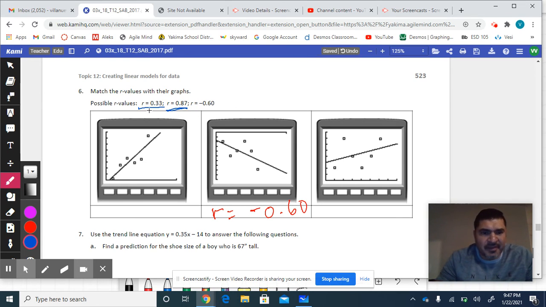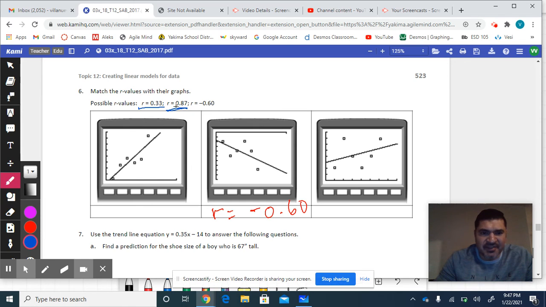Okay, so how I think about this is like 33%. So this one's 33% accurate. This one's 87% accurate. Looking at these two, which line would be more accurate? The 87. So this one, this line is more accurate.